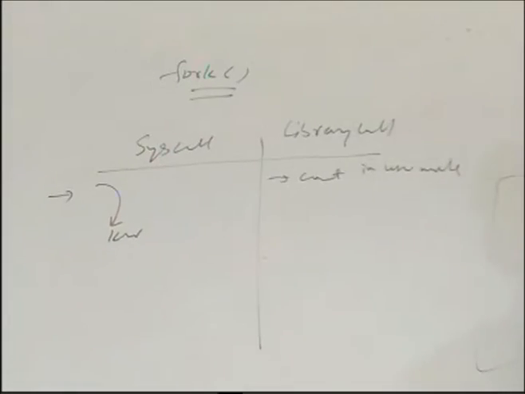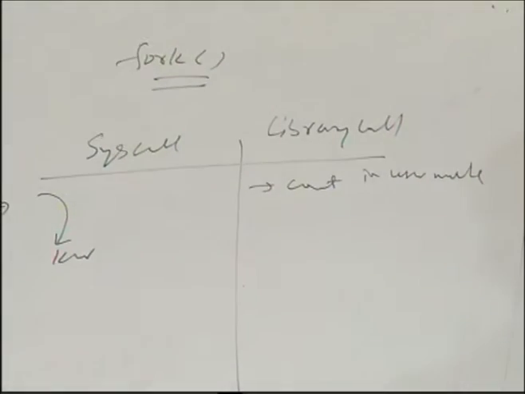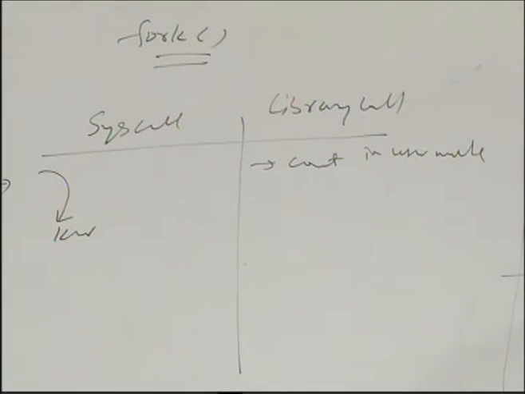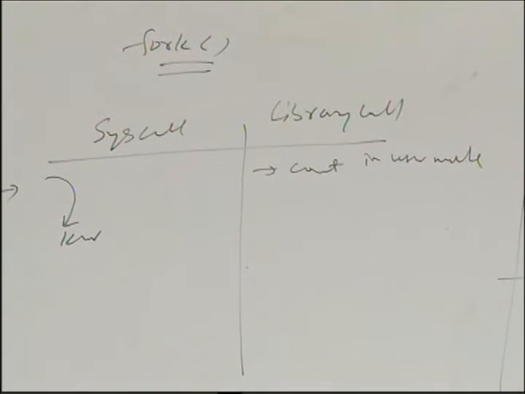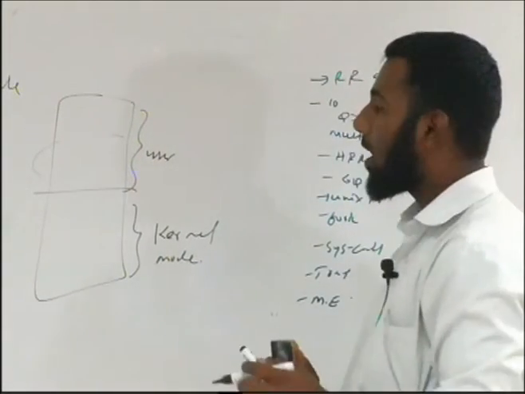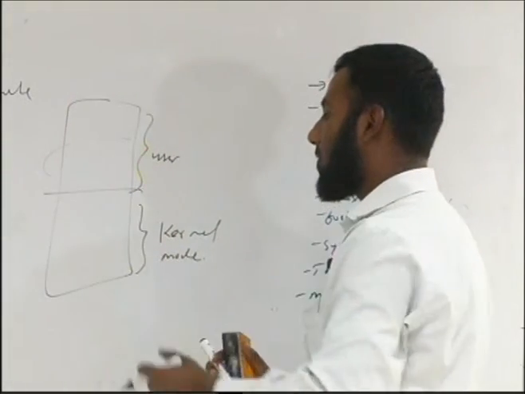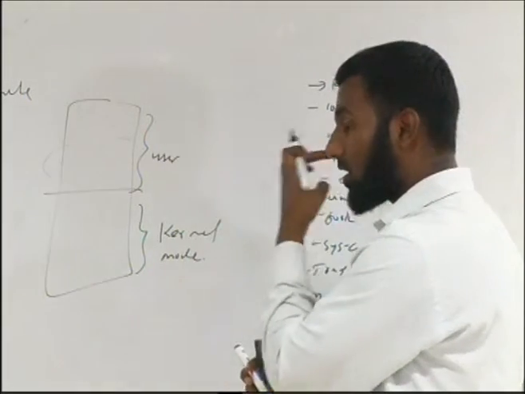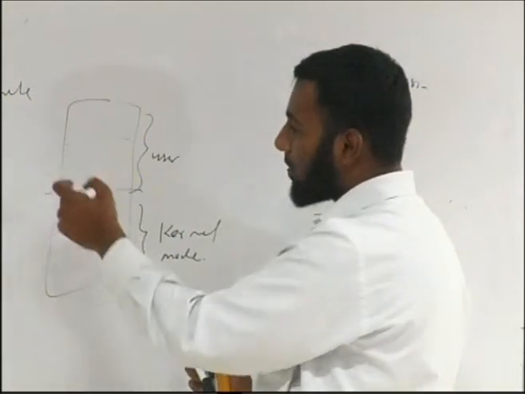As we know, the operating system works in two modes: user mode and kernel mode. All user processes run in the user mode, and all system processes run in the kernel mode. A system call is a service requested from the operating system.